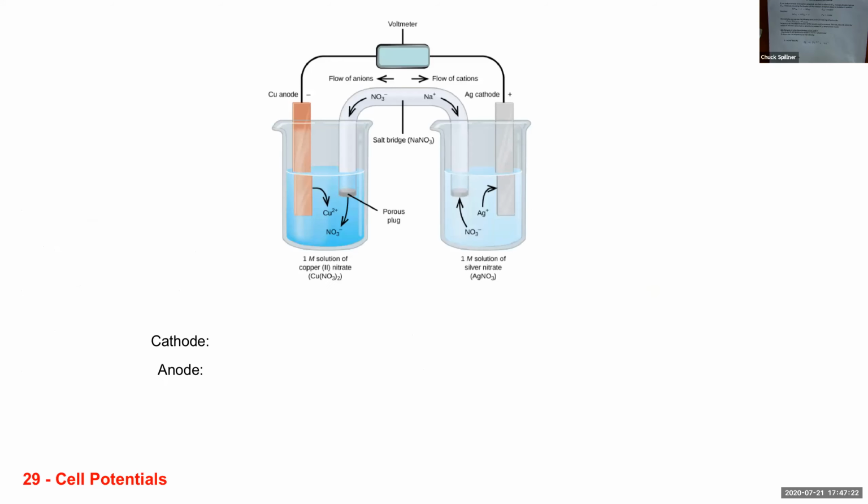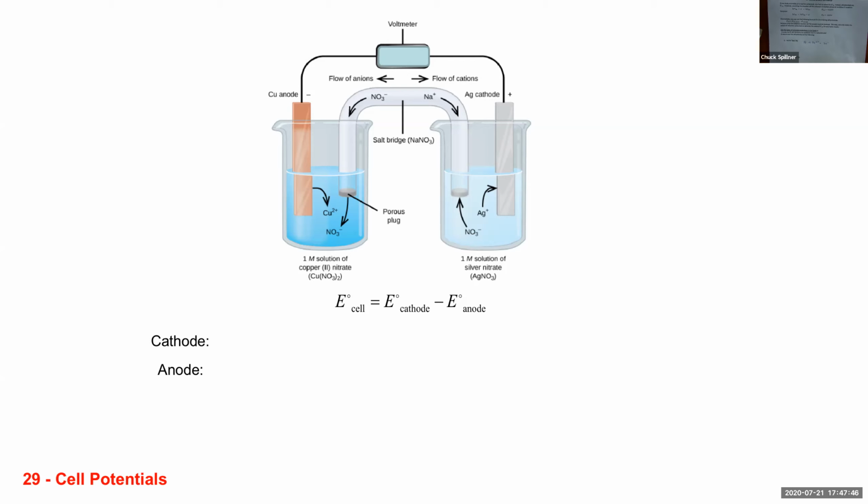So let's try this. So here's a reaction going on. We're going to use E cell equals E cathode minus E anode. The reaction at the anode, which is oxidation, is copper going to copper 2 plus. And at the cathode is silver.